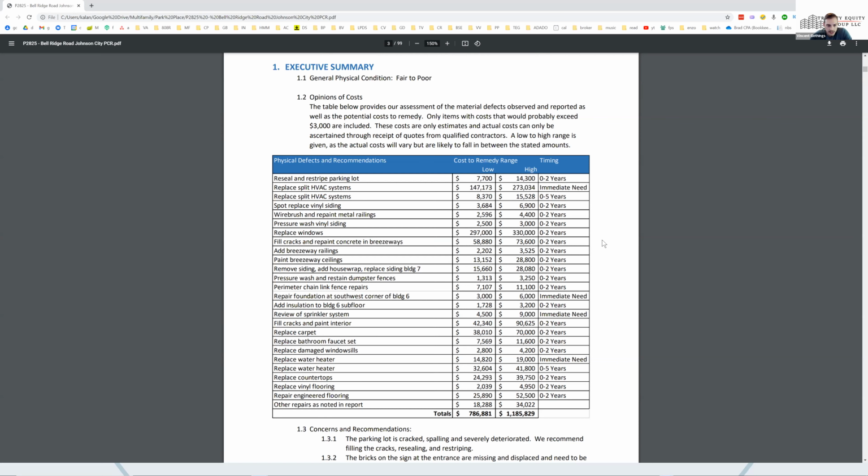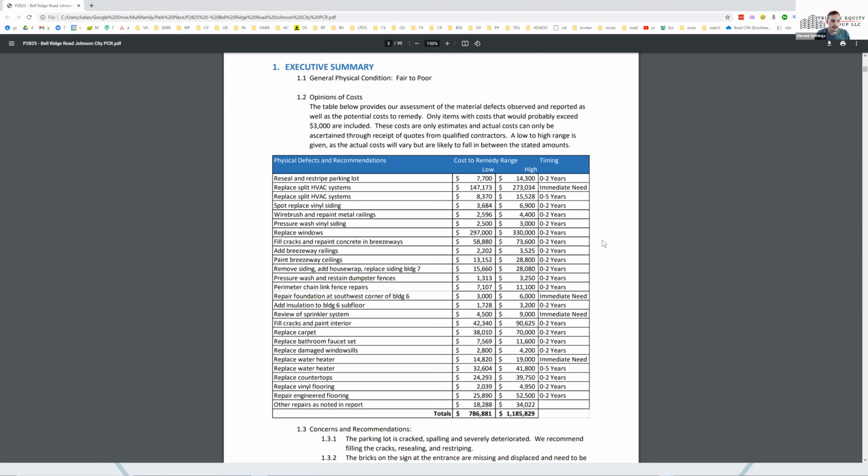So how that benefits us is that you can see these prices, $786,000 to $1.1 million. We can use that to negotiate a seller credit or a reduction in price from the sellers and the brokers, because we have this objective third party that inspected the asset and gave us a big long report.